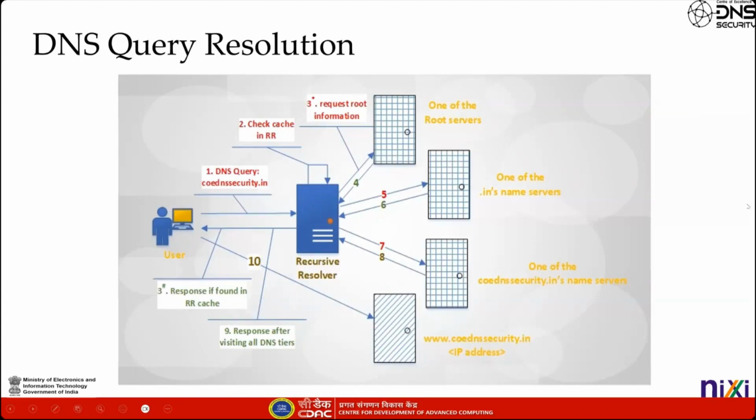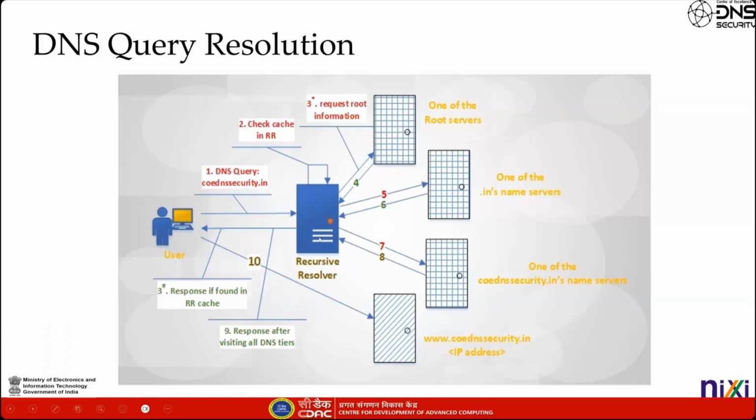I'm going to walk you through this. This is the point of query generation. If the response is not in the cache of the stub resolver, the query enters the DNS ecosystem. First stop is the recursive resolver.